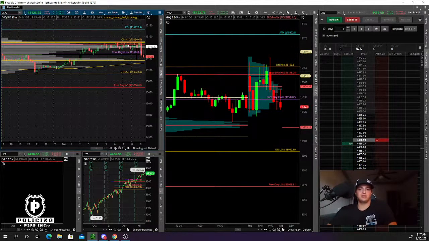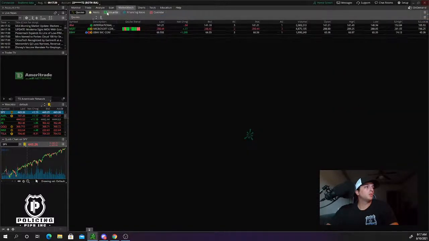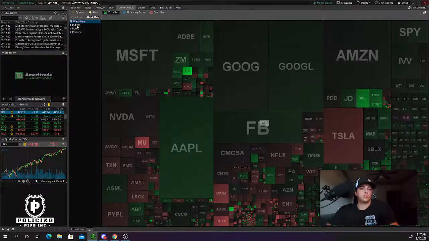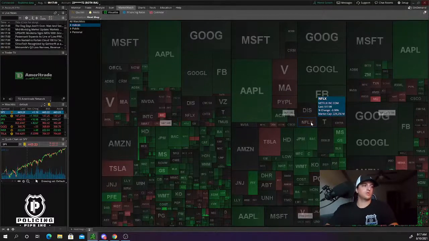Tech sectors didn't seem to be too red, but I didn't check again. Everything seems greenish, you know.